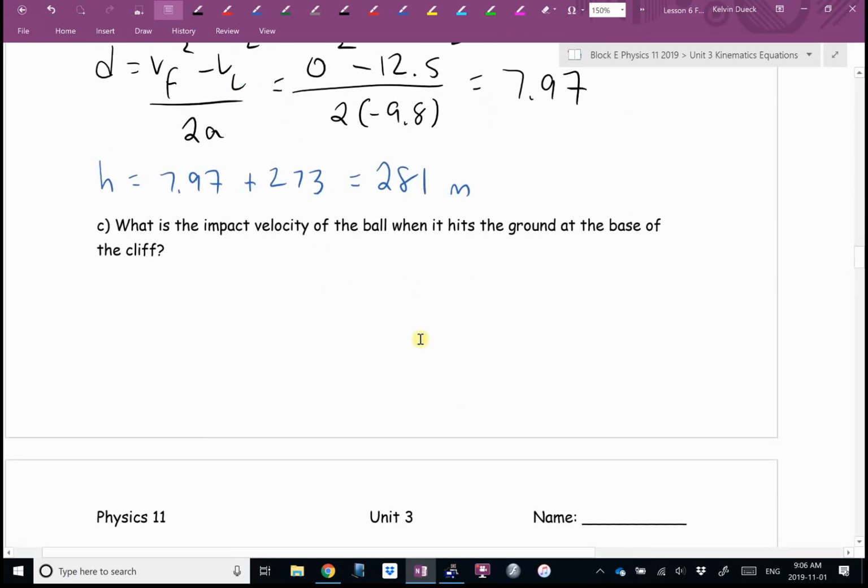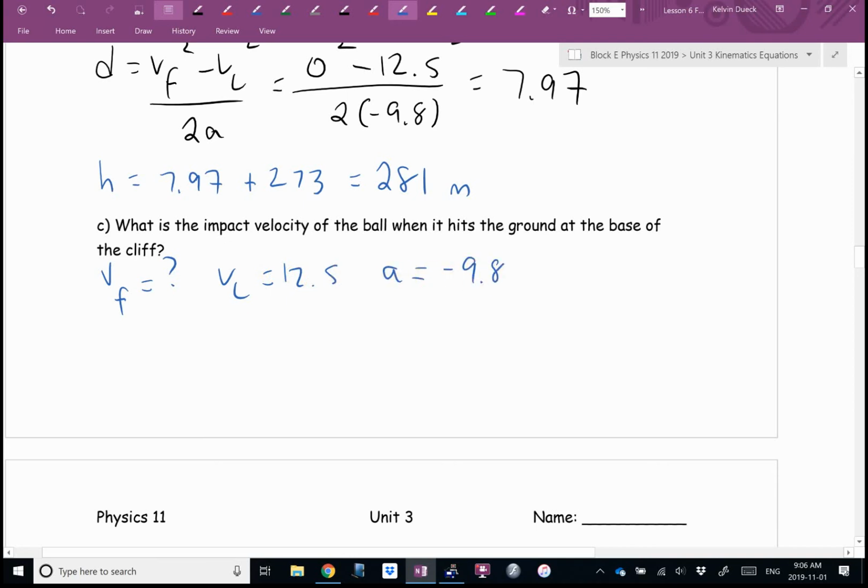C. What's the impact velocity of the ball when it hits the ground at the base of the cliff? Not 0. But what is this asking me to find? V what? Okay. VI was 12.5, A was negative 9.8.